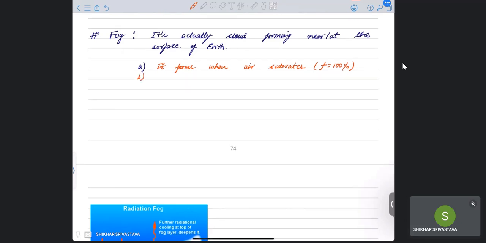The second is, once the saturation occurs, the water vapor in the air must condense on small particles, CCN, cloud condensation nuclei, to form liquid droplets. Liquid droplets, or in other words, we can call them clouds.